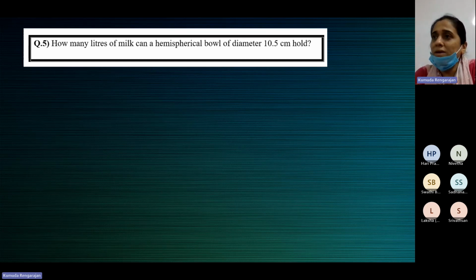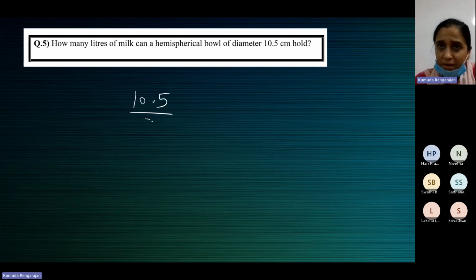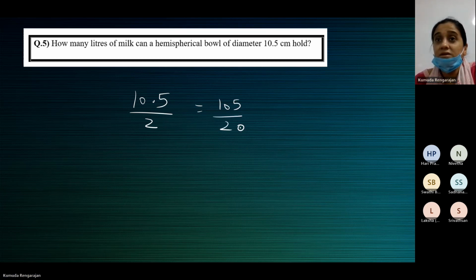So the formula is 2/3 pi r cube. The radius is 10.5 by 2. Don't find 10. You can see it all depends on how convenient you are with decimals. So you can shift the decimal point, so it will be 105 by 20.